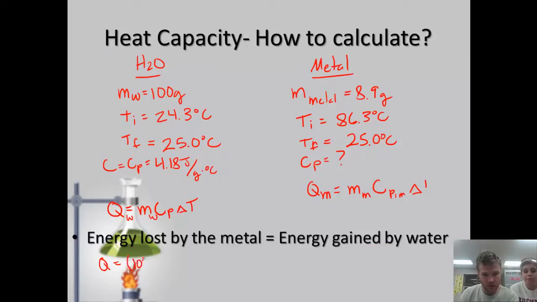And our specific heat is 4.18 joules, with grams and Celsius on the bottom. And our change in temperature is going to be T final minus T initial. So this will be 25.0 degrees Celsius minus 24.3 degrees Celsius. So let's do that in our calculators.